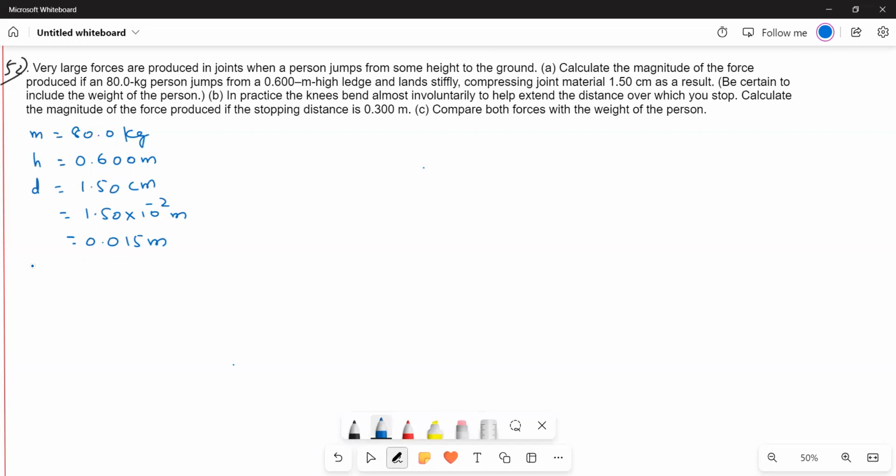Okay. Now we have to calculate the force. We know from the work energy theorem, work done is equal to change in energy. Here, what is happening? The person is jumping. For example, let this be the situation. The person is standing here. Okay. And then he jumps from here to this point. So the distance is 0.6 meters.